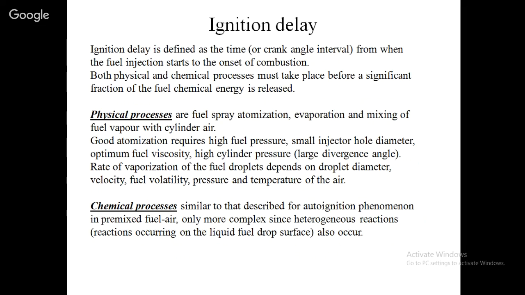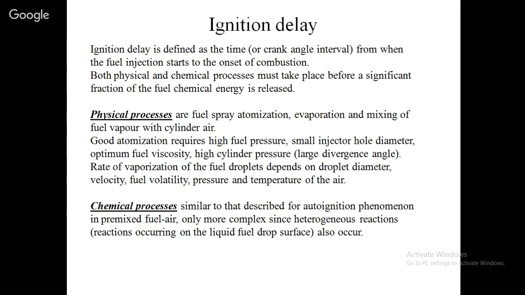The first is the physical process, or physical delay, which is because the fuel we are sending is in the form of liquid. So first of all, it has to be mixed with the air for starting the combustion process. The first thing to be done is, using nozzles, we atomize these fuel particles.